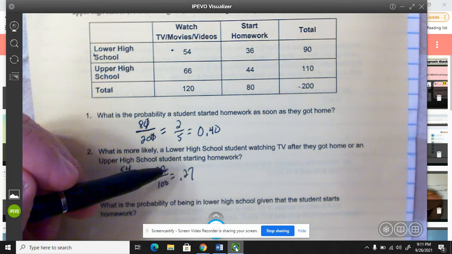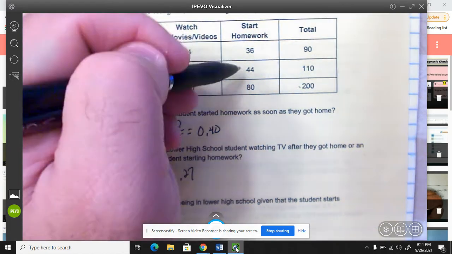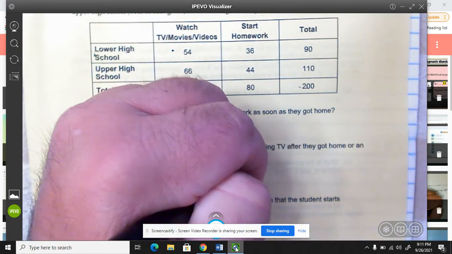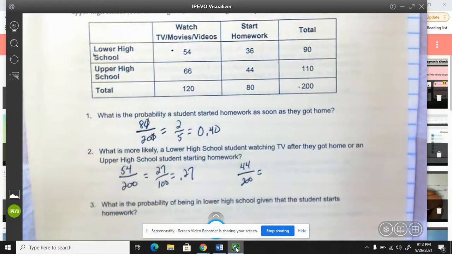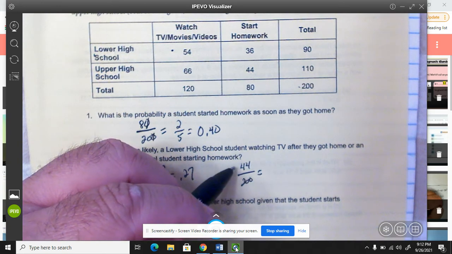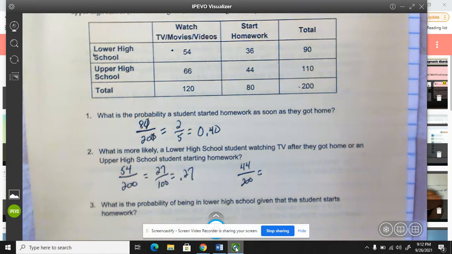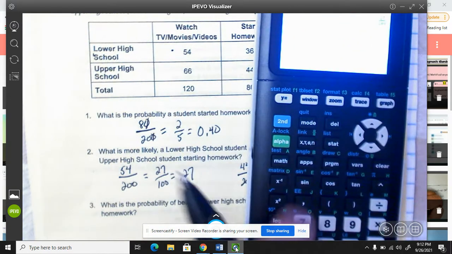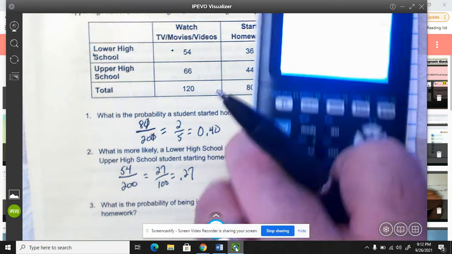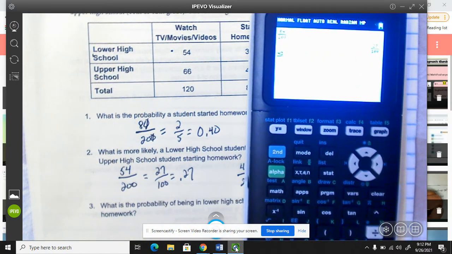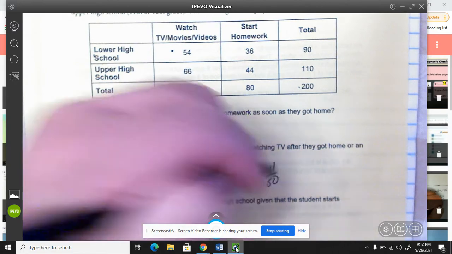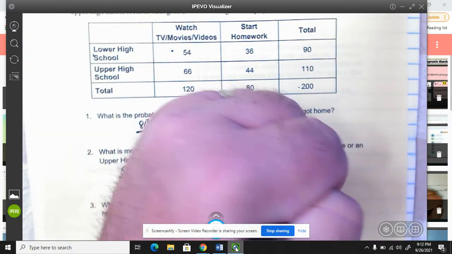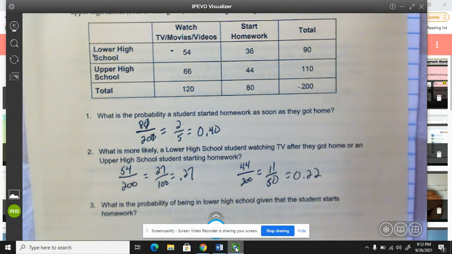Upper high school student starting homework. That's 44 over 200. Possible outcomes over total outcomes. So again, Alpha y equals, enter, 44 over 200 gives me 11 over 50, or when I divide that, 0.22.